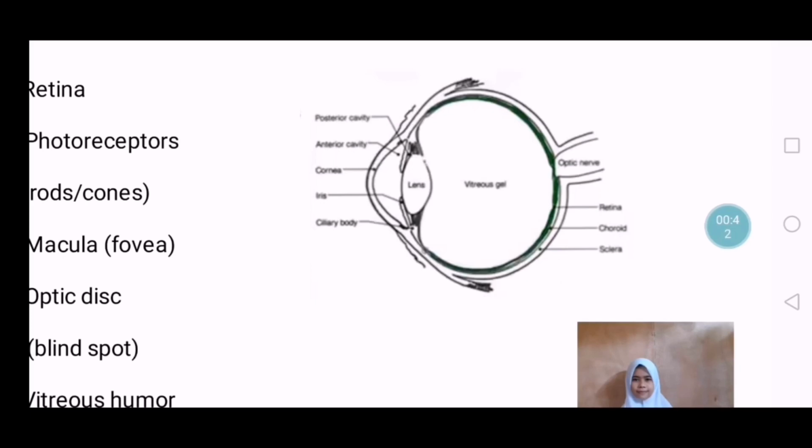The vitreous gel of the human eye, also called the vitreous humor, is a transparent, colorless, gel-like substance that fills the space between the lens and the retina within the eye. It is composed of mostly water, along with a small percentage of collagen, glycosaminoglycans, electrolytes, and proteins.